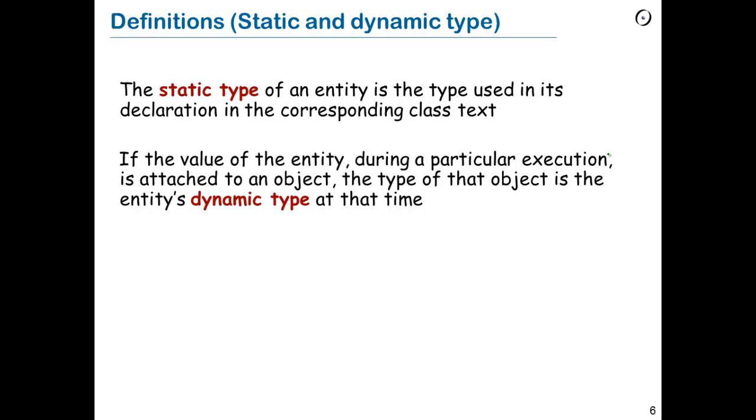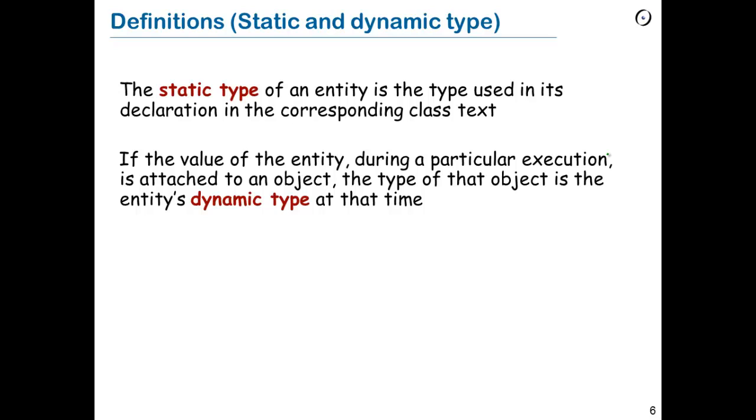These notions also enable us to take a precise look at a very important concept of programming languages and programming in general, the notion of type, and in particular the notion of static type versus dynamic type. In the program text, we have entities, in particular variables.